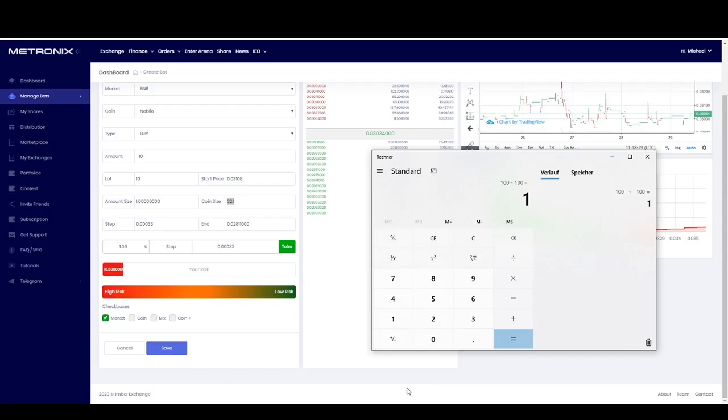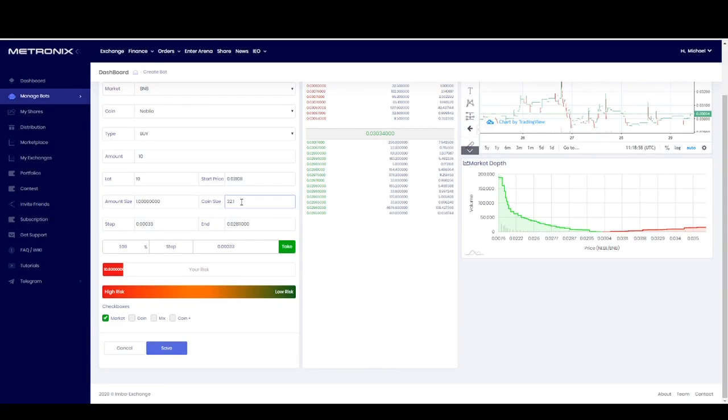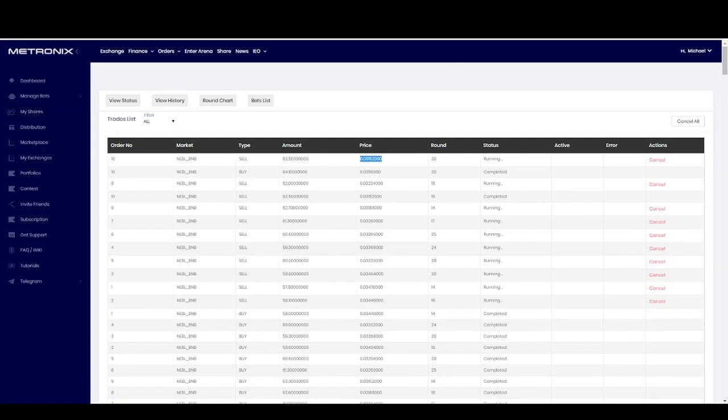And if you want us to take out coins with every round, it has to be more than 100, of course, because we take out 1%, and to be on the secure side, you should better choose 110. So in this option, we will take 0.2 or 0.3 out of the market.